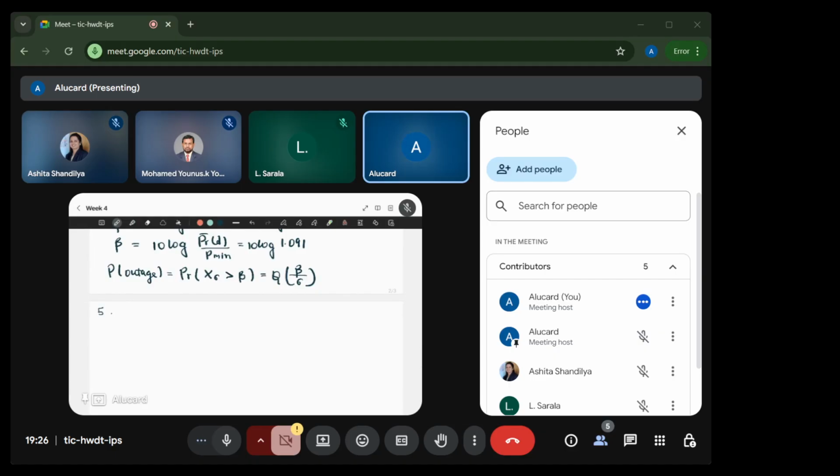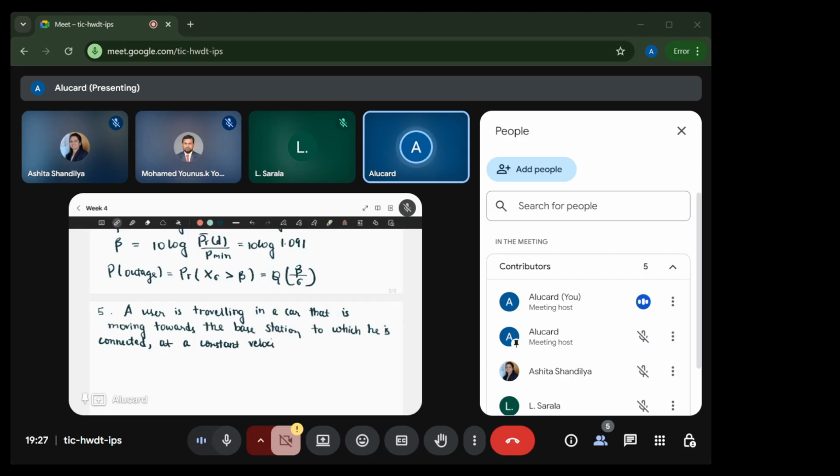Fifth question. A user is traveling in a car that is moving towards the base station to which he is connected at a constant velocity.